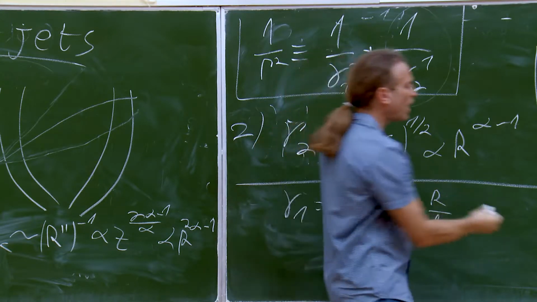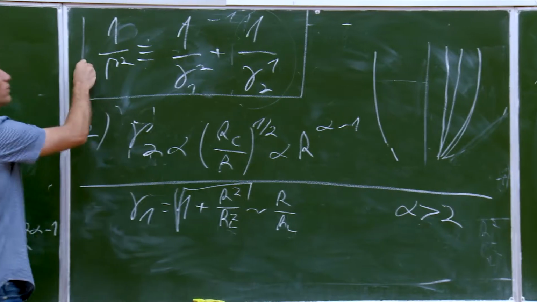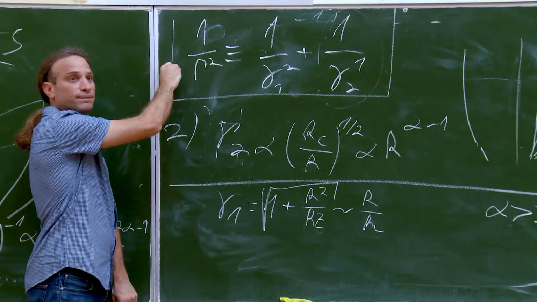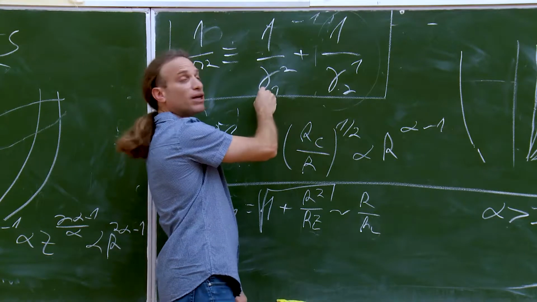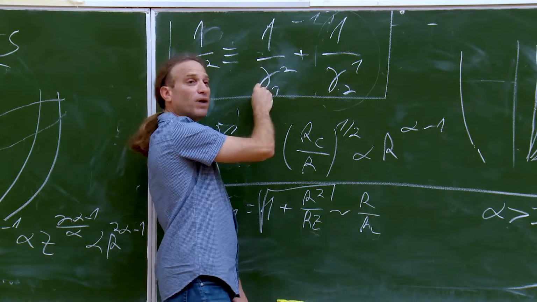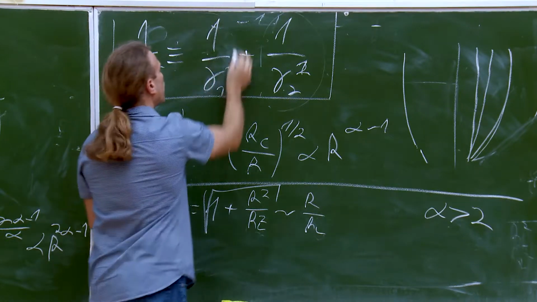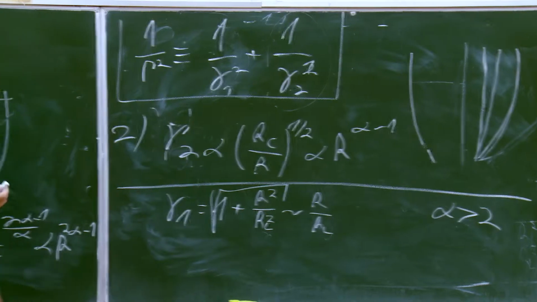So in the regime where alpha is larger than 2, if I'm looking at the whole expression of gamma, gamma 2 will be larger than gamma 1. So 1 over gamma 2 will be smaller than 1 over gamma 1. Okay? So this part wins. So I'm in the first acceleration regime.